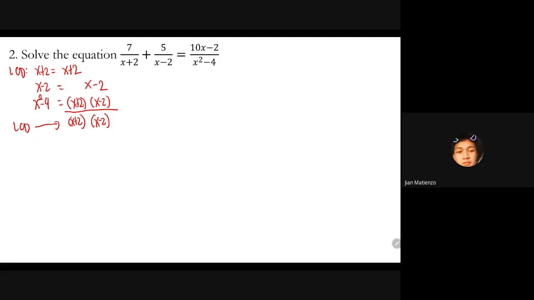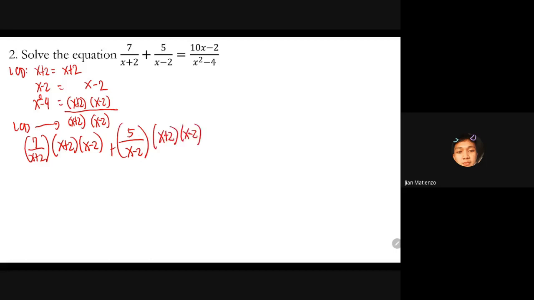So we have there 7 over x plus 2, you multiply this by the LCD as x plus 2, x minus 2, plus 5 over x minus 2, you multiply it by the LCD as x minus 2, x plus 2, is equal to 10x minus 2 over x squared minus 4. You also multiply this by x plus 2, x minus 2.